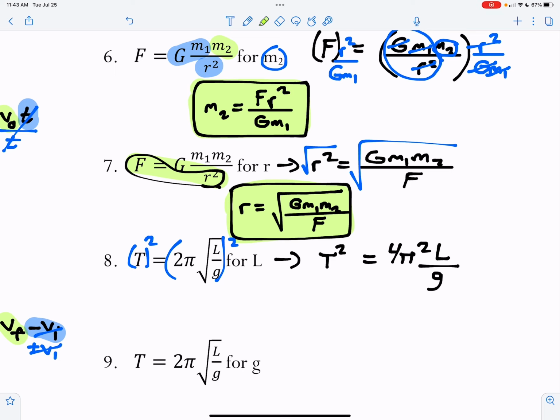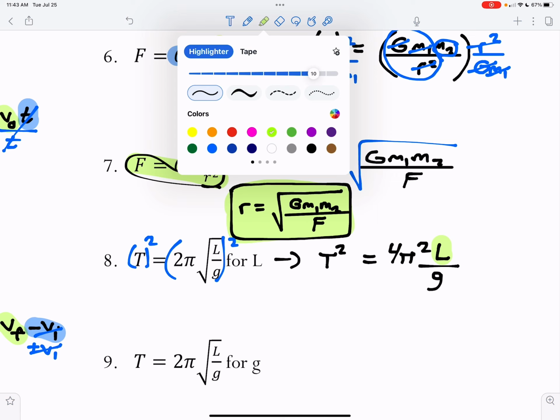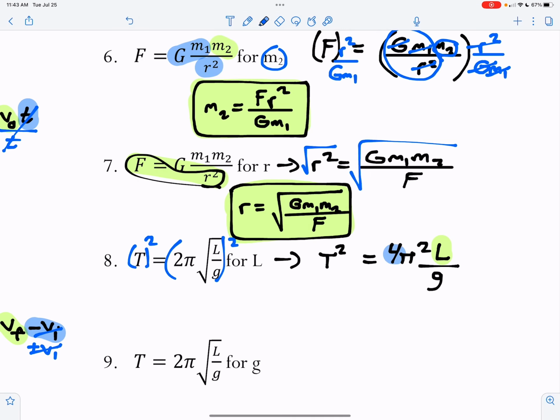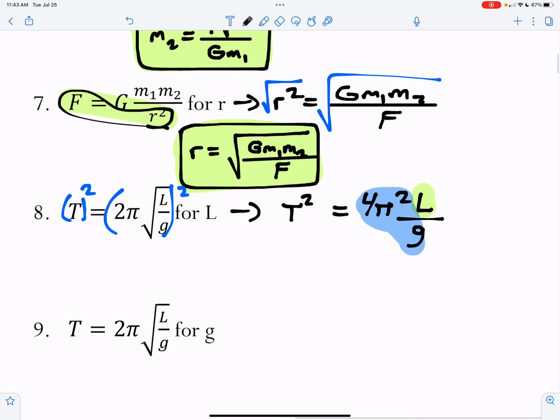Now remember, I am supposed to get L by itself. So that means I have to get rid of 4 pi squared over G. I'll do that by multiplying by the reciprocal of that fraction. So let's multiply both sides by the reciprocal of 4 pi squared over G, which is G over 4 pi squared.